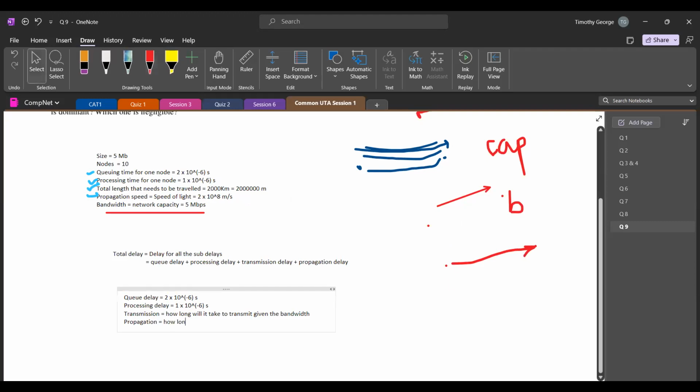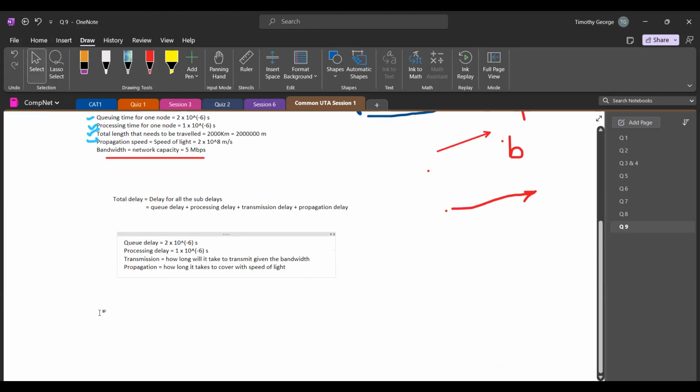Now that we have everything, we just need to solve. Transmission depends on the bandwidth, and propagation depends on covering the distance, with the speed of light or whatever speed is given in the question.